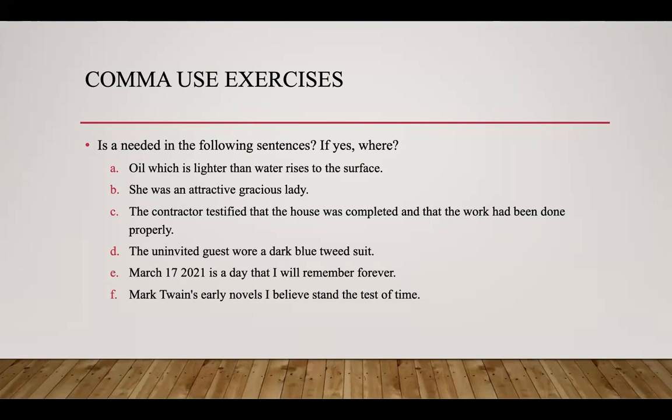Now, is there a problem if I place a comma before the verb here, raises? We said we should never separate the subject from the verb, if you remember. Now, after the word water here in A, can we place a comma?